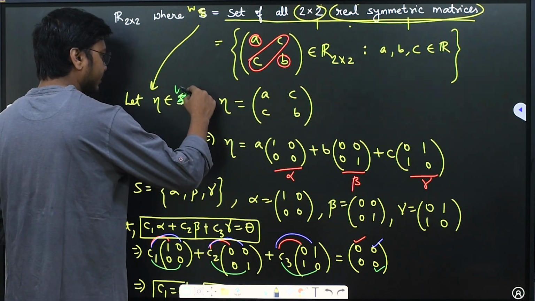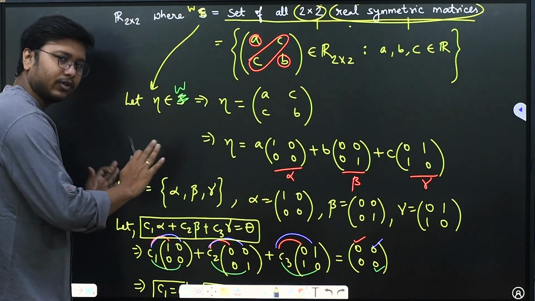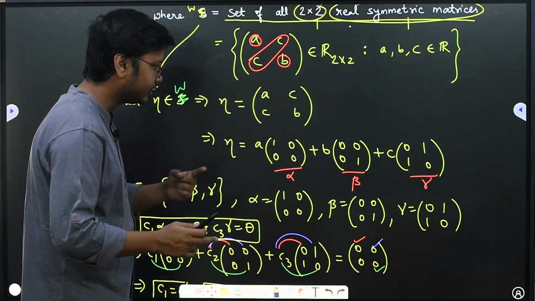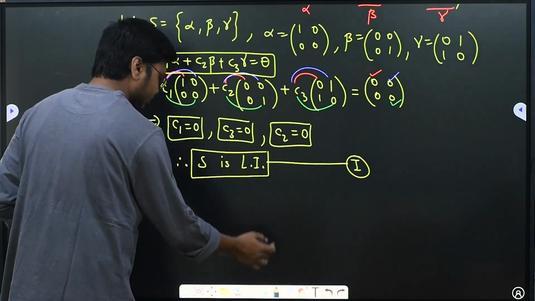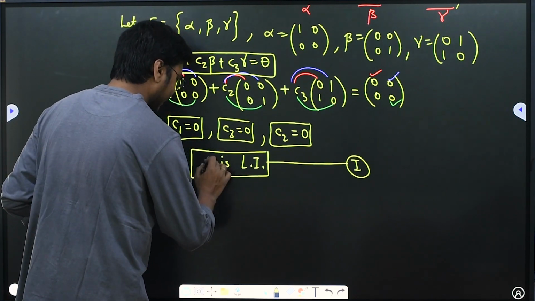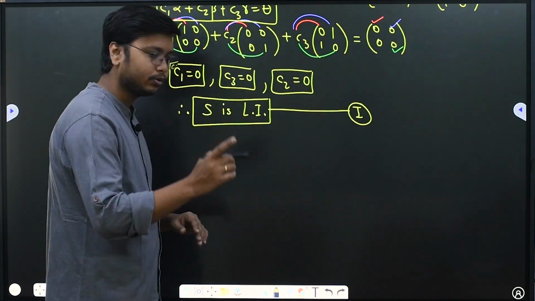So I will call this W, and now my S set construction is fine. So now this S and the question's S don't match with each other, which is fine. I have basically got that my S set is linearly independent. Now I need to show that L of S is equal to W.